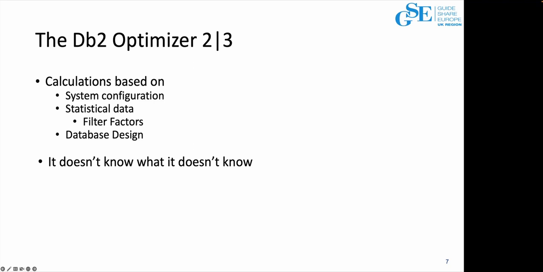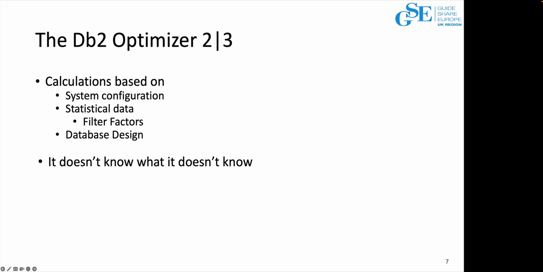A very simple example, which I've read in the DB2 manual, would be something like, if there's 100 rows in a table and there are 5 distinct values, A, B, C, D, and E, then DB2 assumes that 1/5 of the rows are an A, 1/5 of the rows are a B, and so on. So 20 of the rows for each value means 20 divided by 100 gives us a filter factor of 0.2.